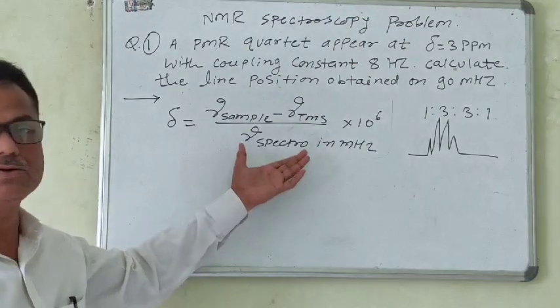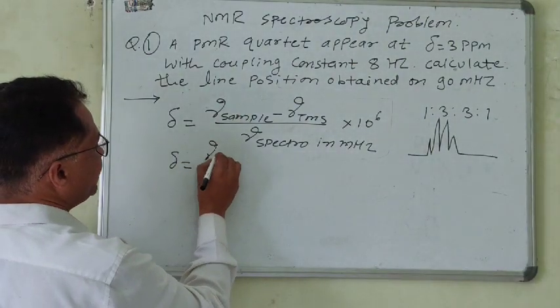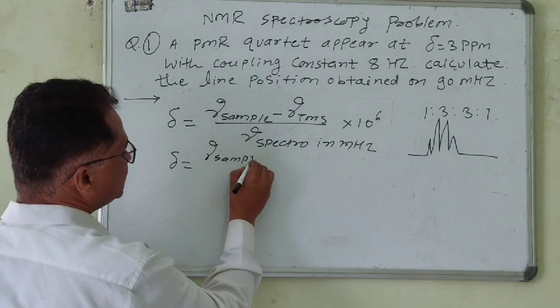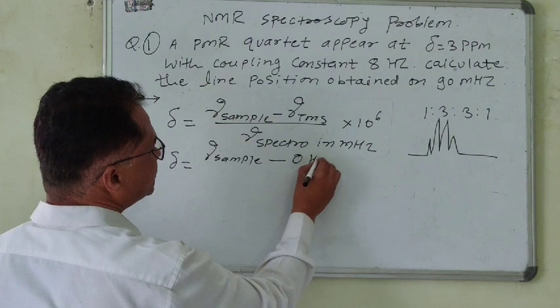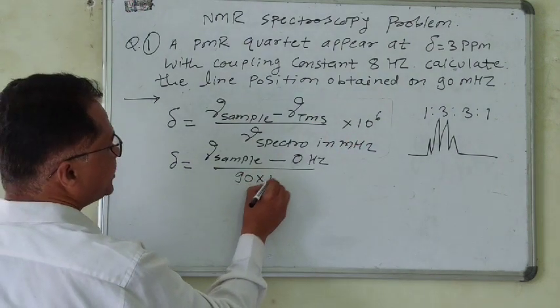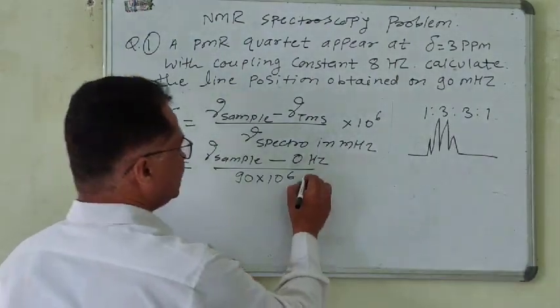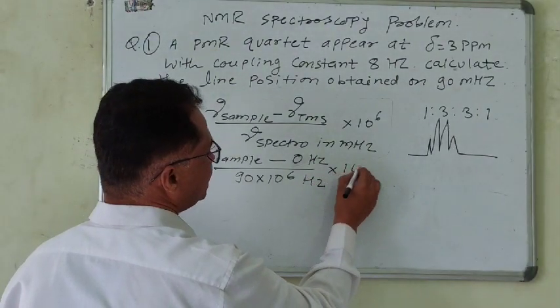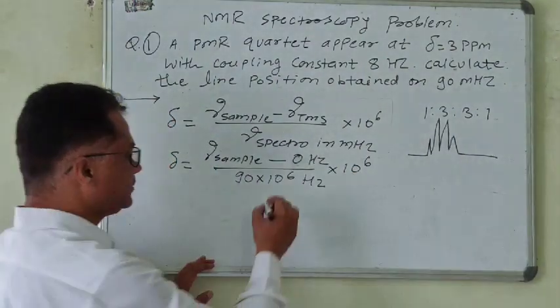So by putting the values here, delta is equal to frequency of the sample in Hertz minus frequency of TMS, which is 0 Hz, divided by 90 into 10 raised to 6. We have to convert it into Hertz. So it becomes like this: 10 raised to 6 and 10 raised to 6 get cancelled.